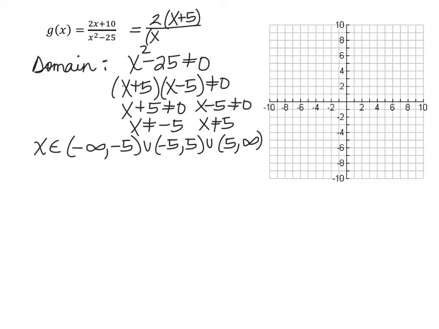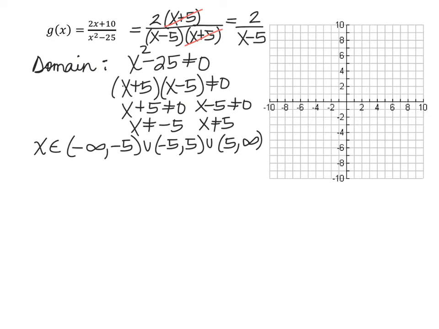And the denominator, x squared minus 25, is a difference of perfect squares, so we factor that. In this example, we have a common factor in the numerator and the denominator that we can divide out and simplify. So this function simplifies to 2 divided by (x minus 5).